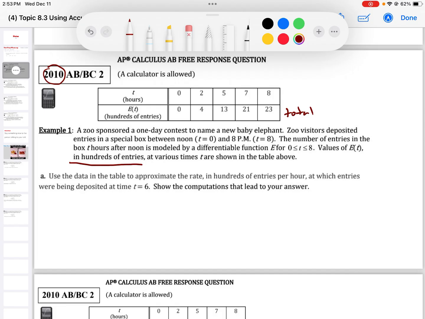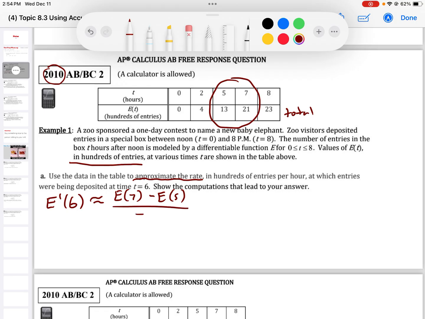Values of E of t at various times t are shown. Use the data in the table to approximate the rate in hundreds of entries per hour at which entries were being deposited at time t equals 6. So what this is telling us is estimate E prime of 6. So E prime of 6 is approximately, I would use the average rate of change.